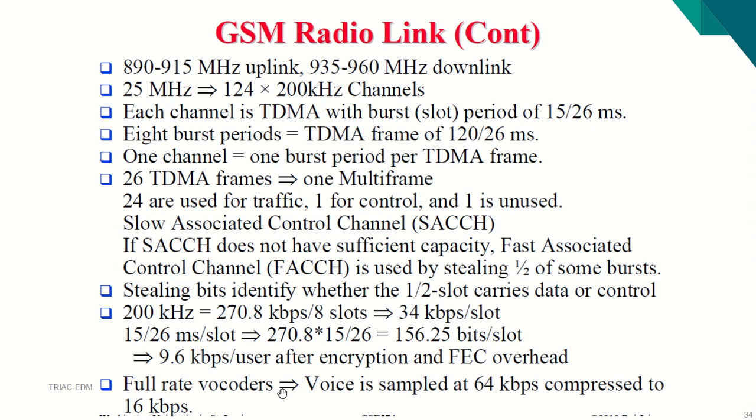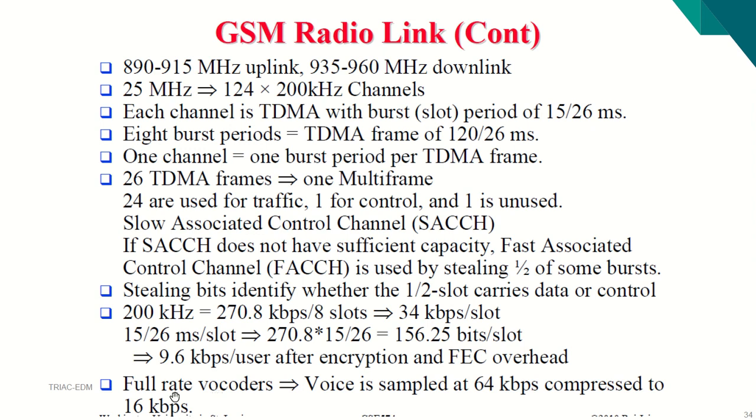So the full rate voice coder is sampled at 64 kbps compared to 16 kbps. I mentioned that 9.6 kbps is the minimum rate for voice, which comes from the Nyquist criteria.